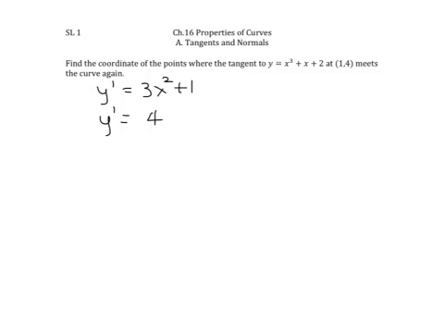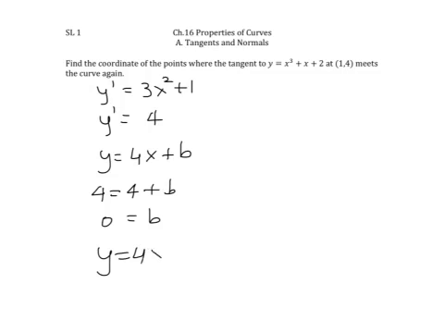So y equals 4x plus b is the equation of the tangent line. We just need to plug in the 1 and the 4 for x and y accordingly. So 4 is equal to 4 times 1, that's just 4, plus b, therefore b has to be 0. So we know the equation of the tangent line is y equals 4x, right? What are we interested in finding?